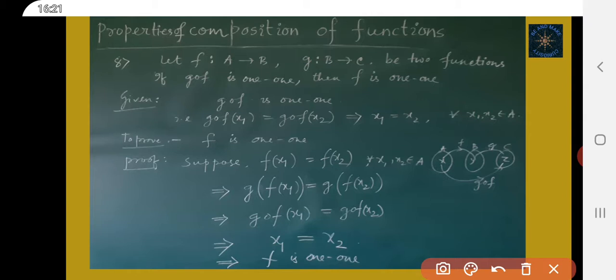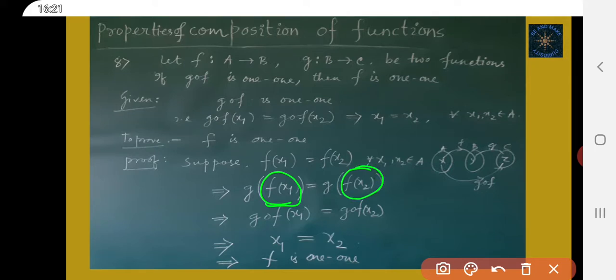So suppose f of x1 is equal to f of x2. As f of x1 and f of x2 are equal, we can write g of f of x1 and g of f of x2 also equal.